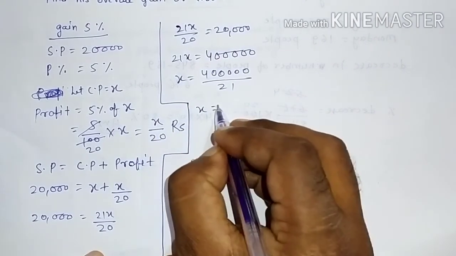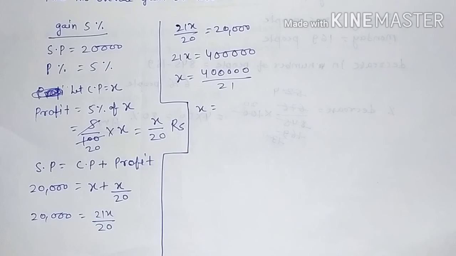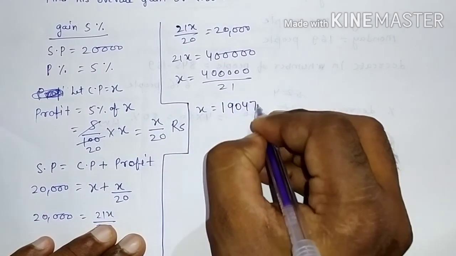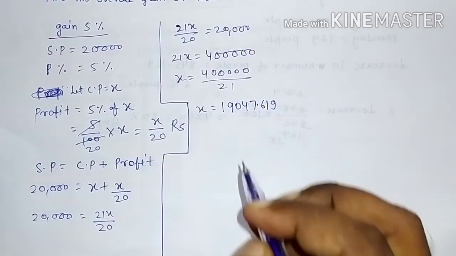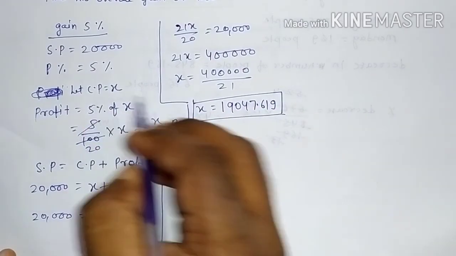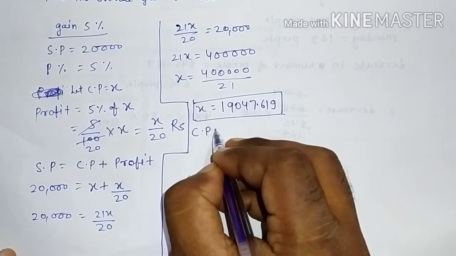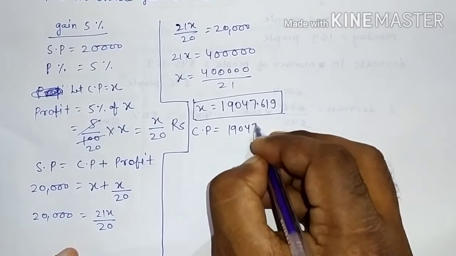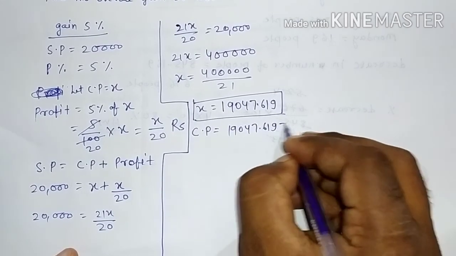X equals, just simplify this, 19047.619. So this is the value of X and X is the CP here. So the CP of the buffalo is 19047.619 rupees.